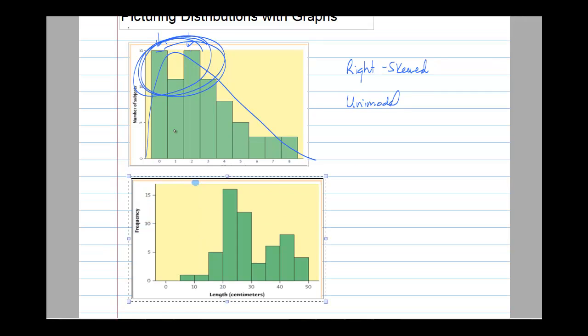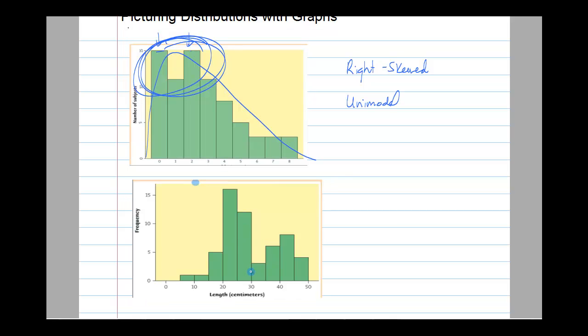So for this example, this is another graph from a data set in your textbook. This is the fish and perch example. We're looking at the fish that have a length that looks like 5 to 10 here would be a count of 1, 10 to 15 centimeters would be another count of 1. And if I'm talking about this particular graph, it's not as obvious.